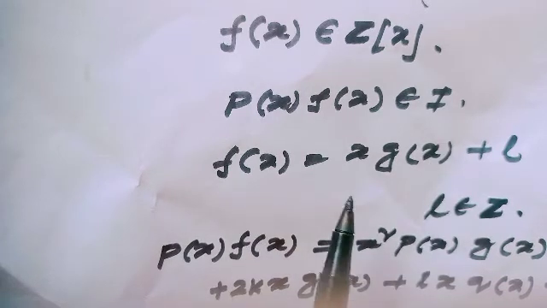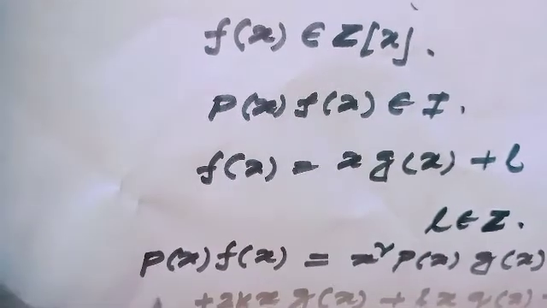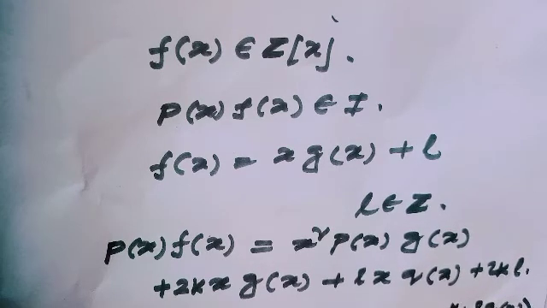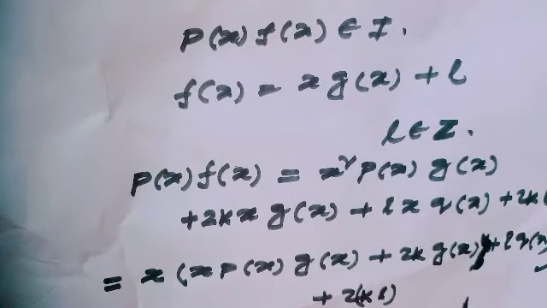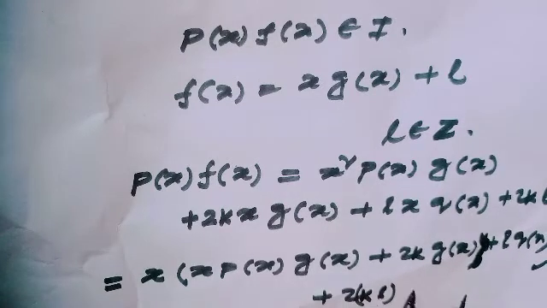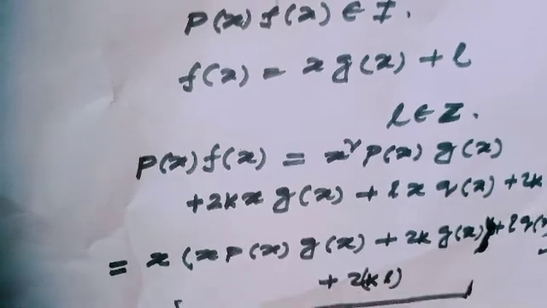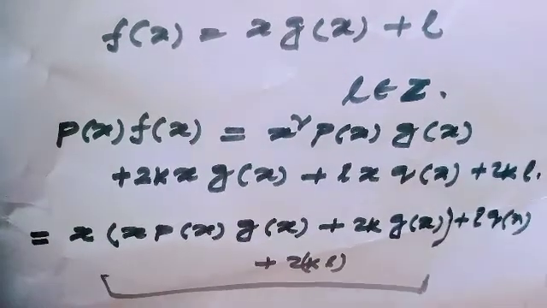Here consider f(x) equal to x g(x) plus l, where l is any integer. Then p(x) times f(x) is actually equal to x square q(x) g(x) plus 2k x g(x) plus l x q(x) plus 2kl, which we can easily write as x times (x q(x) g(x) plus 2k g(x) plus l q(x)) plus 2kl, which is also a polynomial with even constant term.